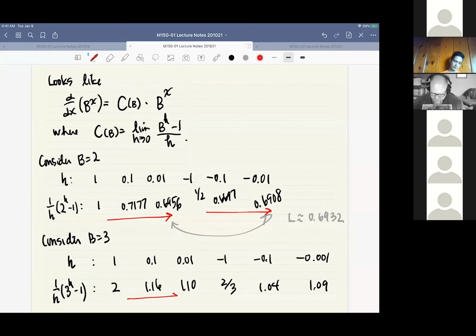So it looks like as my h's are getting closer and closer to 0, my L's are getting closer to the same thing. In this case, it looks like L is getting closer and closer to 1.0986.